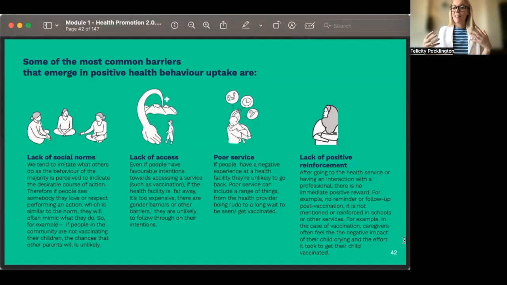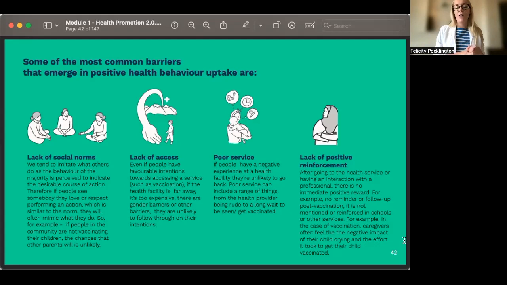So as human beings, we tend to imitate what others do, as the behavior of the majority is perceived to indicate the desired course of action. Therefore, if people see somebody they love or respect performing an action which is similar to the norm, they will often mimic what they do. So for example, if people in the community are not vaccinating their children, the chances are that other parents will also not do that. They'll follow the norm.